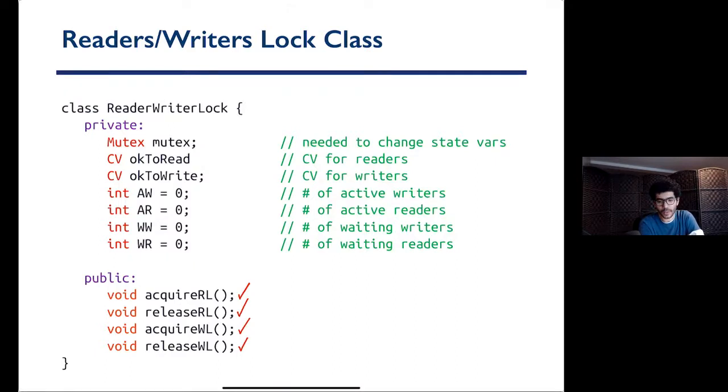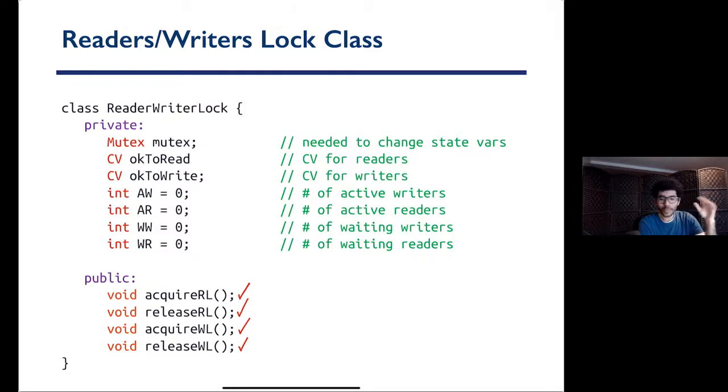If you are a writer thread and you want to access the database, you use acquire write lock, and once you're done accessing the database, you release the write lock. If you are a reader thread and you just want to read the database, you acquire the reader lock before you access the database, and once you're done reading, you release the reader lock. That should be hopefully clear. These are the functions that we want this lock to have.